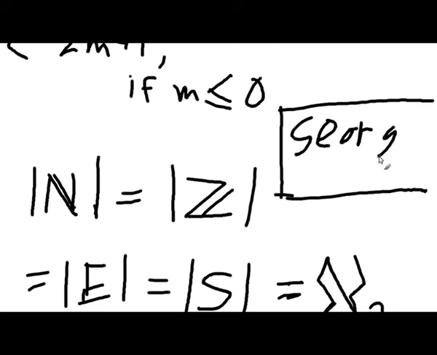I'm not sure about the spelling of George, but he was a German mathematician who came up with this idea, a crazy idea at that time, that there can be different types of infinities.